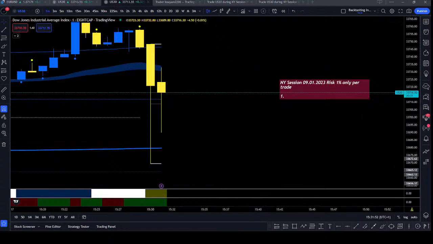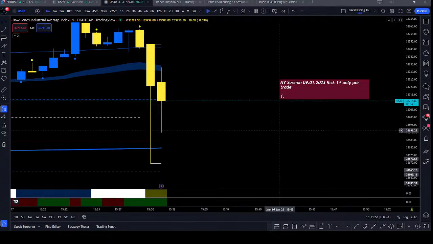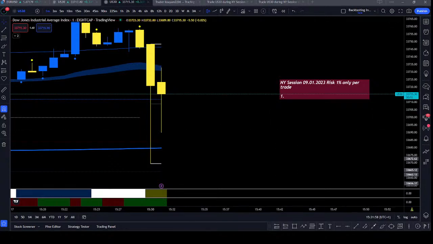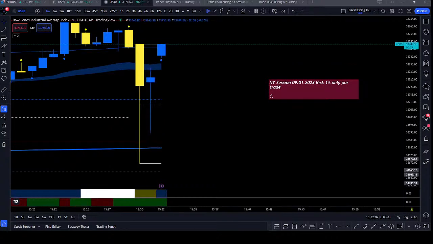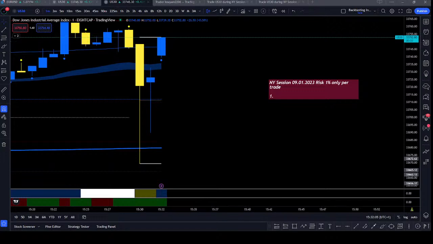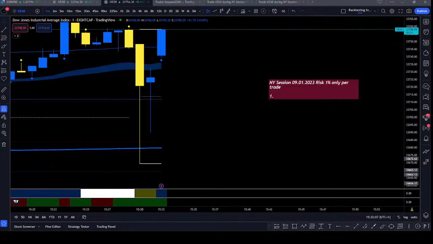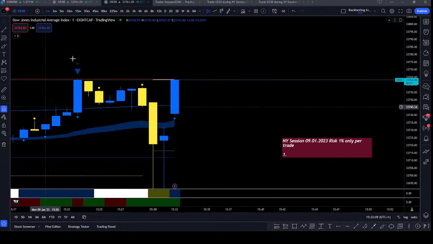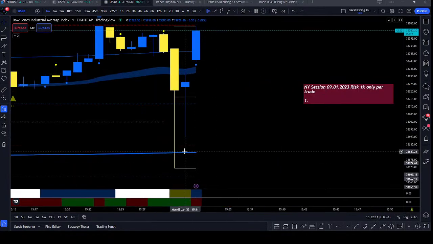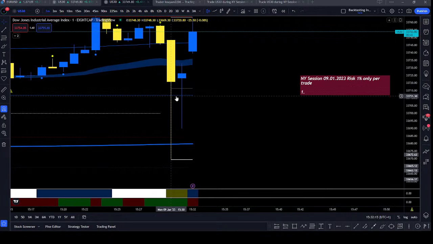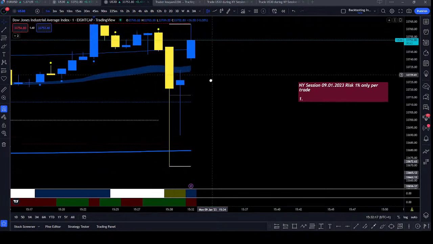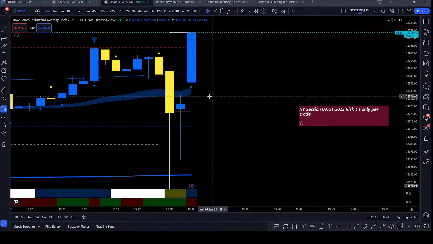So I'm not looking for any trades right now. I'll explain why. Just give me a minute. Great, the price came and tested this level and the higher low from the Asian session, and now the price is shifting back to the upside.